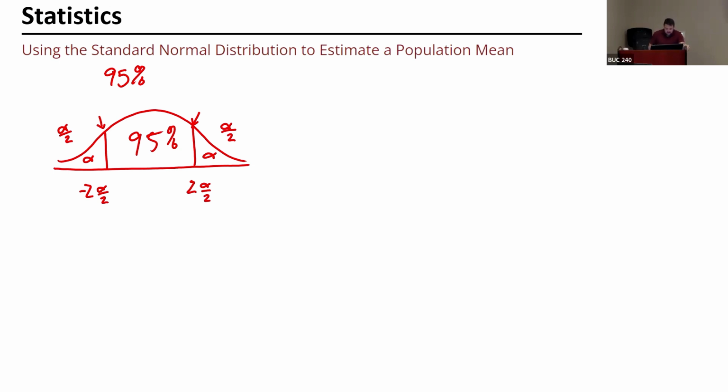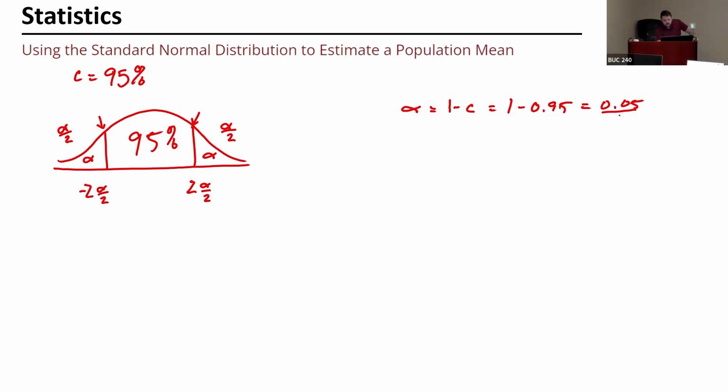Well, let's think about this. I know to find alpha is going to be 1 minus C. Remember, C is my level of confidence, which is going to turn into 1 minus 0.95, which is going to equal 0.05. But I have 2 tails, don't I?